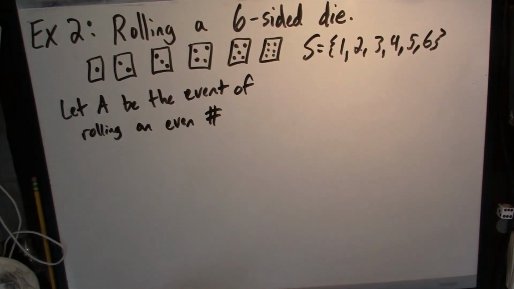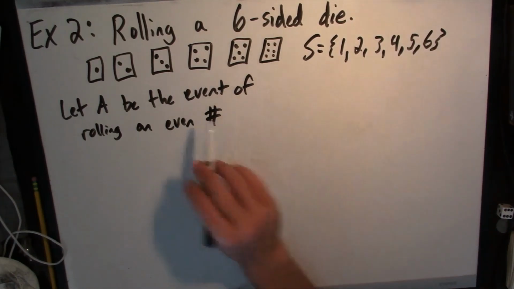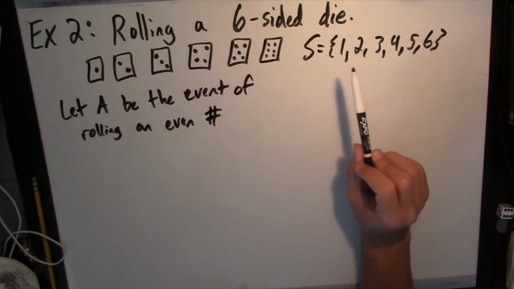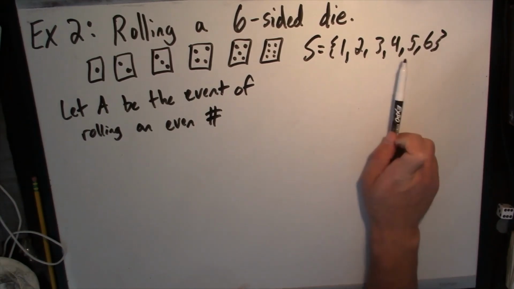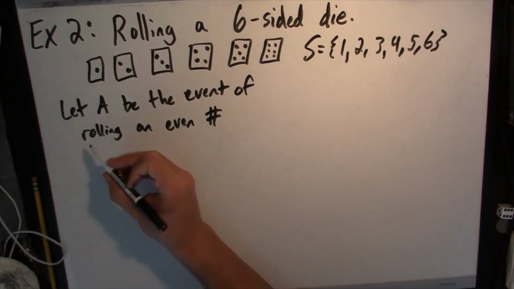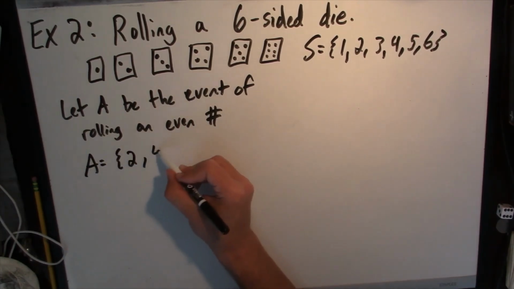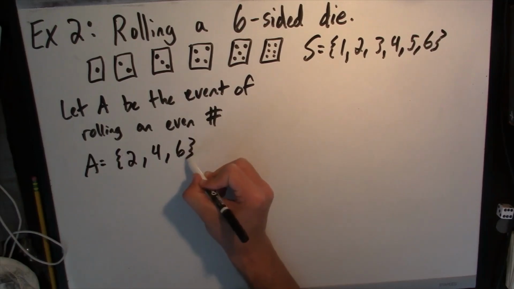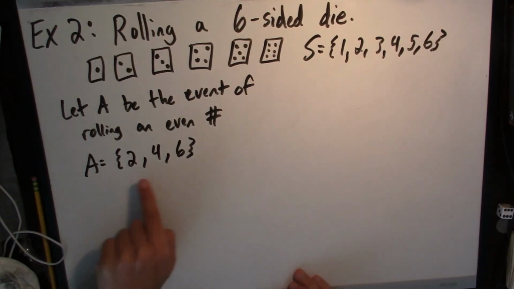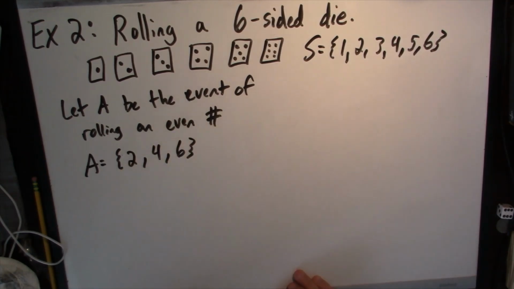So what are the possible outcomes of rolling an even number? Well, in our sample space, there's only 3 even numbers. We have 2, 4, and 6. So A would be the set containing 2, 4, and 6. Those are all of the desired outcomes in our sample space. We can only roll a 2, a 4, and a 6. Those are the only even numbers that we could roll.